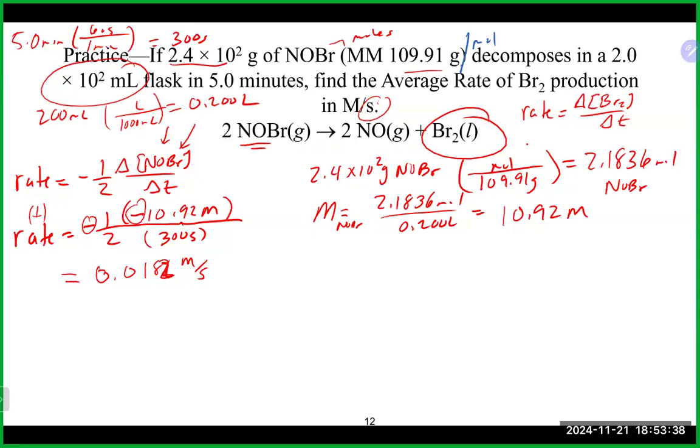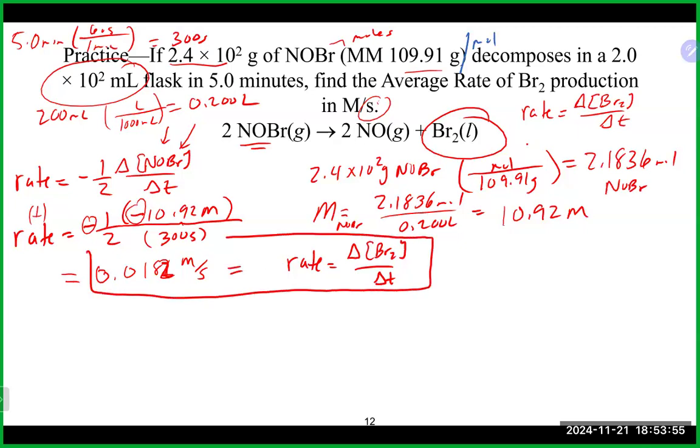0.0182 molarity per second. Now we can relate that to our BR2, because the change in concentration of BR2 over the change in time equals the rate, which means not much to do there except multiply it by 1. And we will actually have how the BR2 is increasing with time.